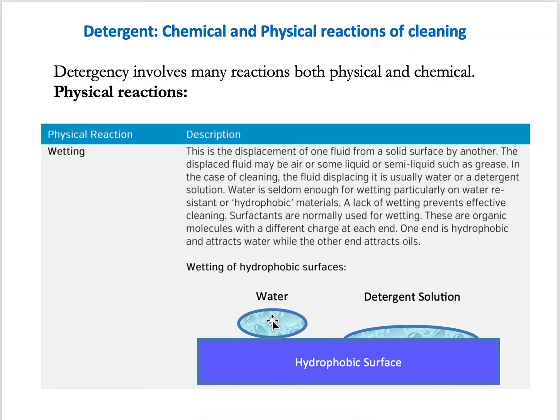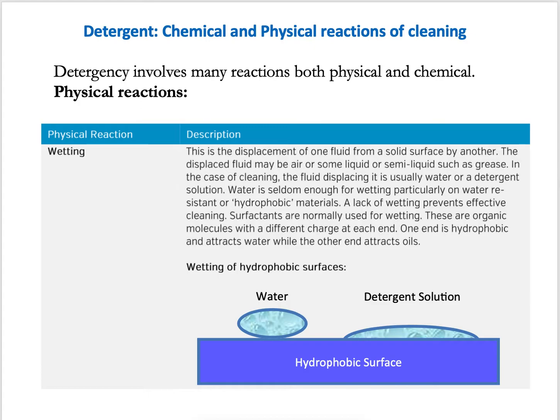But if we use detergent, it can increase the wetting ability of water. The detergent will disperse the water molecules on the surface. This is called the wetting effect. So detergent increases the wetting effect of the water as well as the cleaning efficiency.